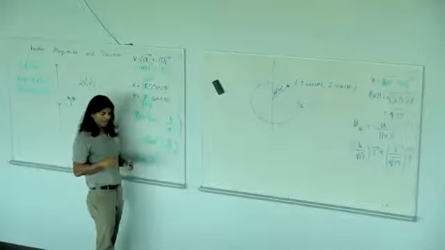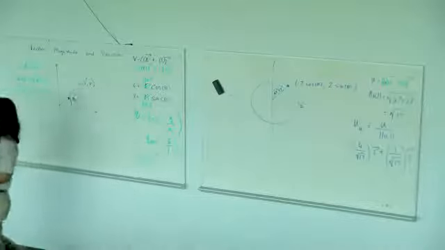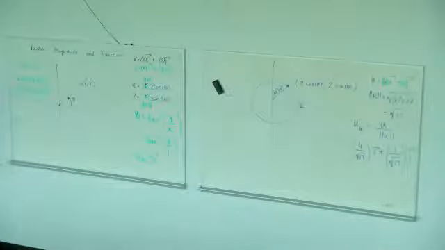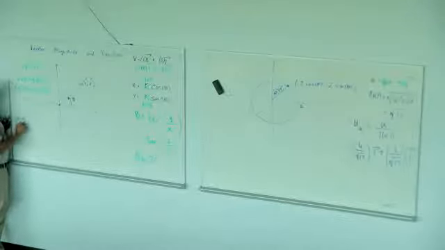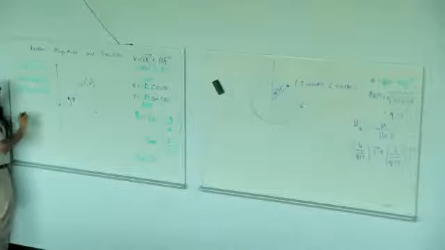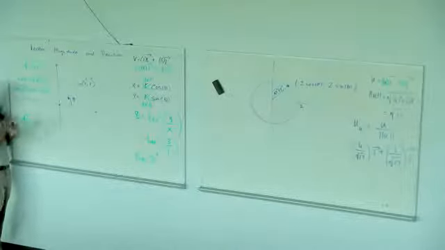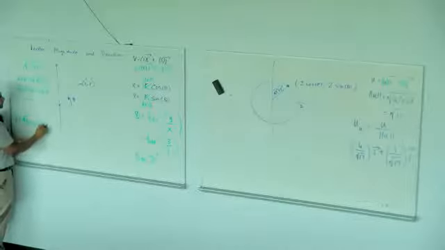Now I want magnitude as well as direction. How would you write x? Radical 10 cosine theta. What is the value of theta? That's 72-ish. 72.